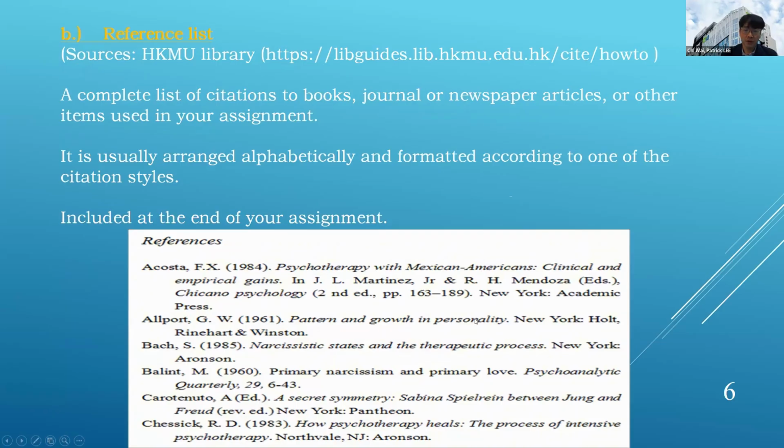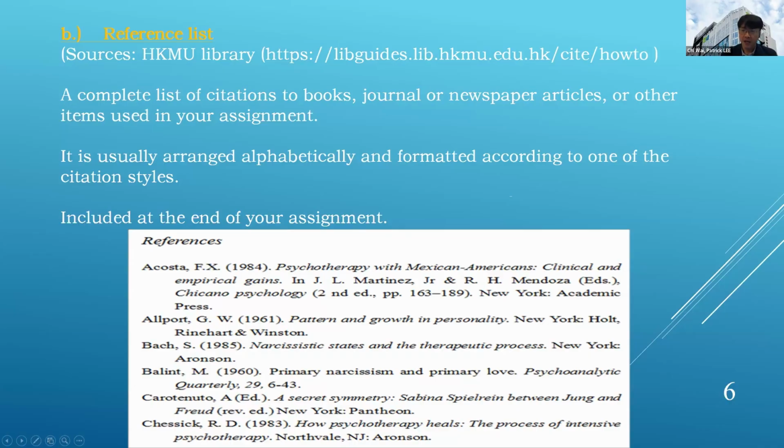But look at the third one. The third one is also a book. That means the second word is lowercase, not a capital letter. But look at the name of the journal, Psychoanalytic Quarterly. The journal name is in both capital letter P and capital letter Q. In other words, if you follow this kind of pattern, you have to be consistent.